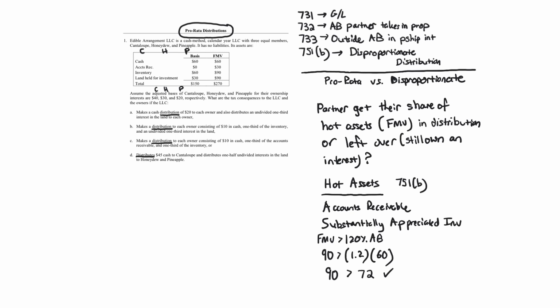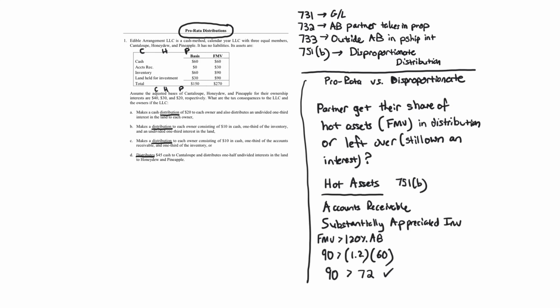And if a partner leaves without having to record that, that is a bad situation. So disproportionate distributions require that we have to record potentially gain, ordinary gain to the partner hypothetically in that situation. So here in this situation, let's just look at A. We'll go through each of these just to test this rule. So in A, the partnership makes a cash distribution of $20 to each owner and also distributes an undivided 1/3 interest in the land to each owner.